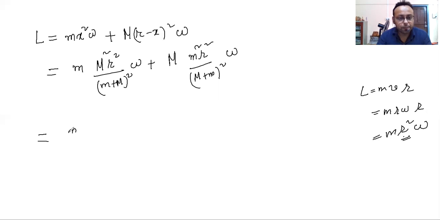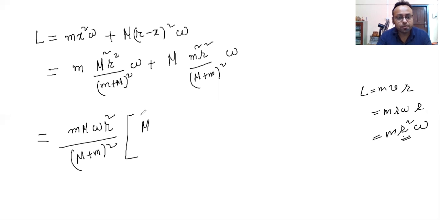Let us take omega as common, and outside we get m + M whole square. Take r square as common too. What is left inside? From the first term you have m M square, and from the second term M m square. Taking m M common, what's left is M + m, so one factor cancels. You'll now have m M omega r square divided by m + M.